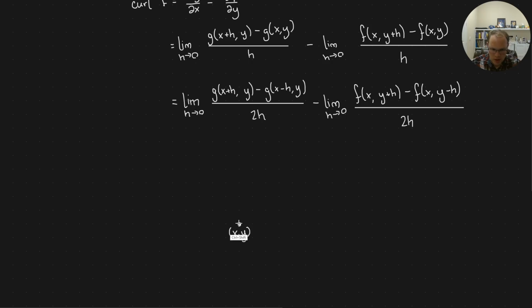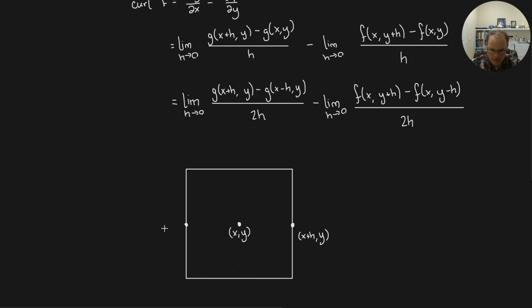So I'm going to draw a rectangle around the point, right? And so we have 4 points here, x plus h, y and x minus h, y to the left and right.